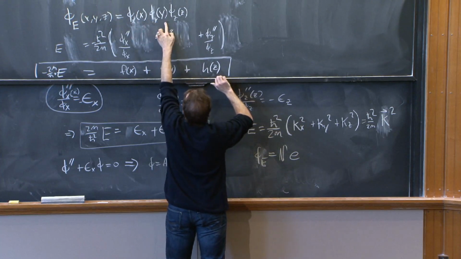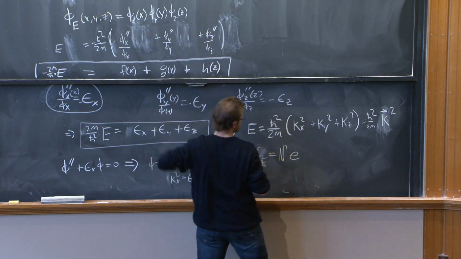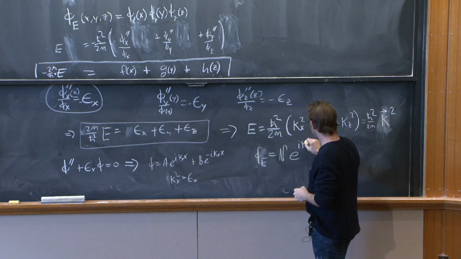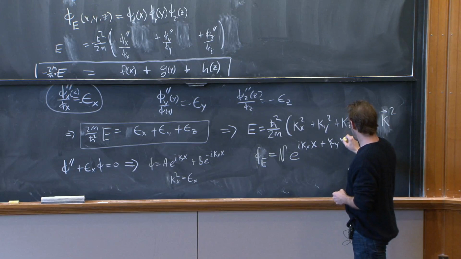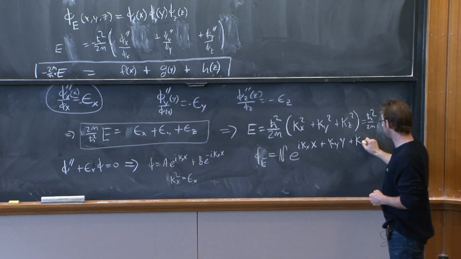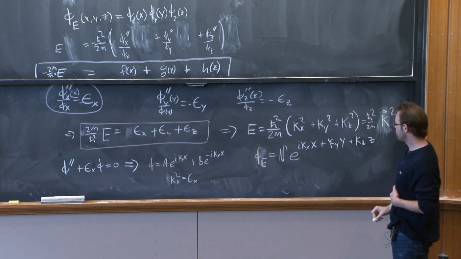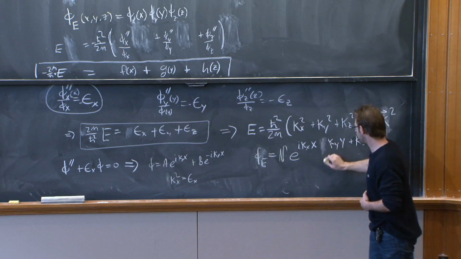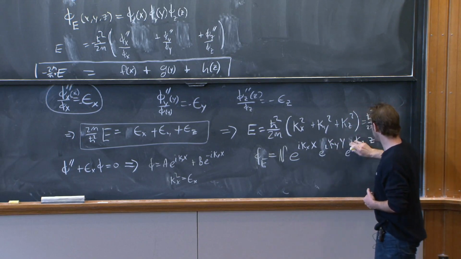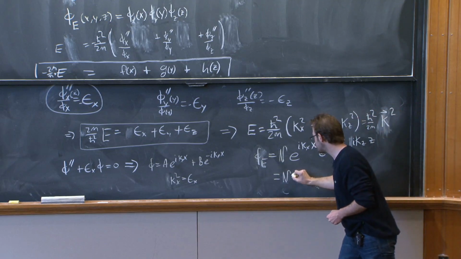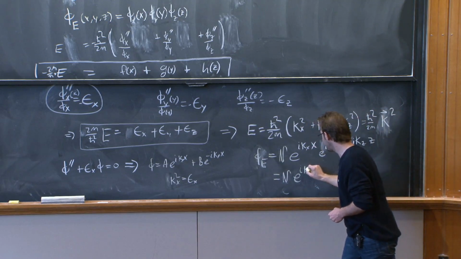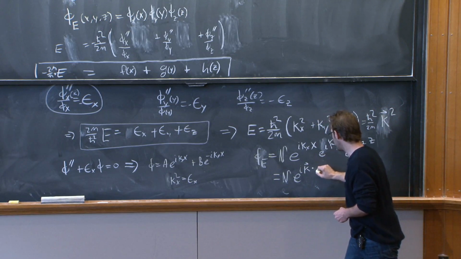This is the exponential in y with ky, and then the exponential in z with kz, e to the i, kx times x plus ky times y plus kz times z. Also known as some normalization constant e to the i, k vector dot r vector.